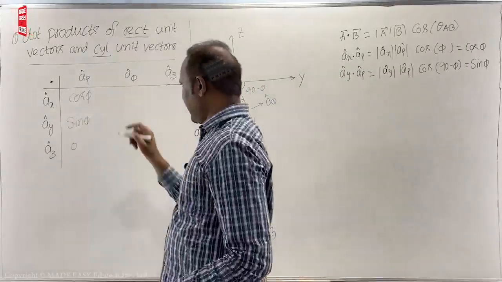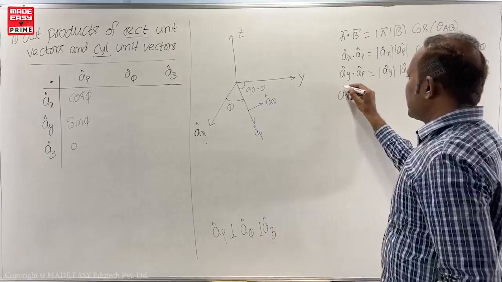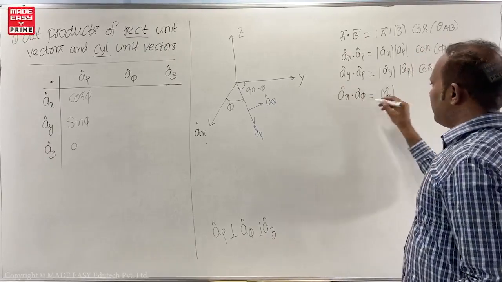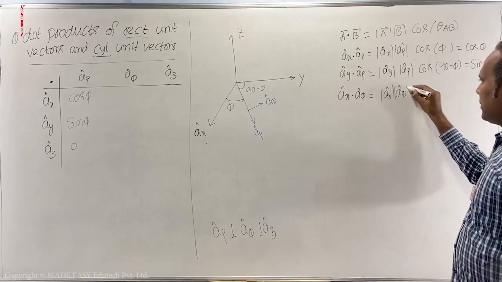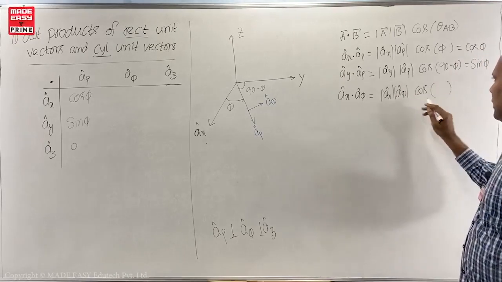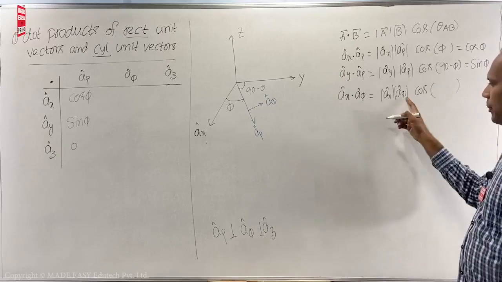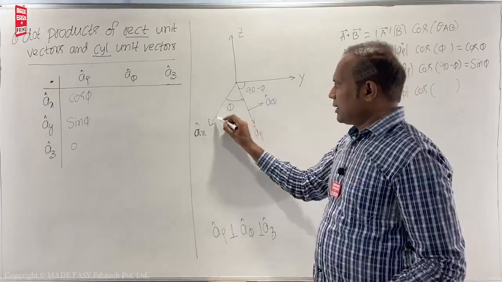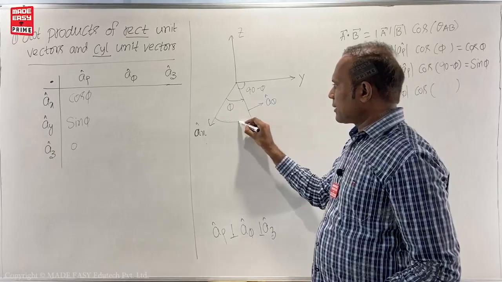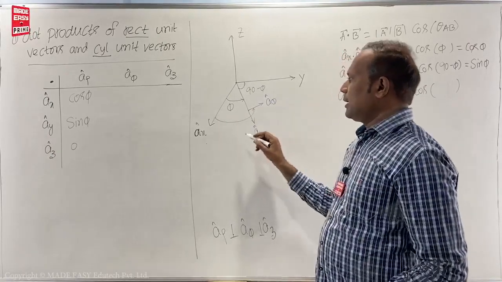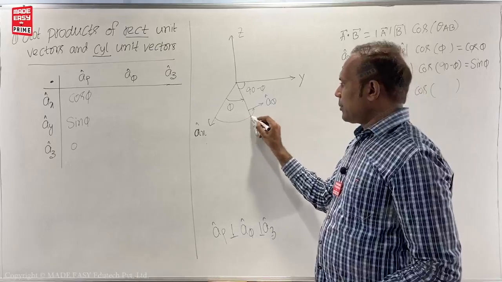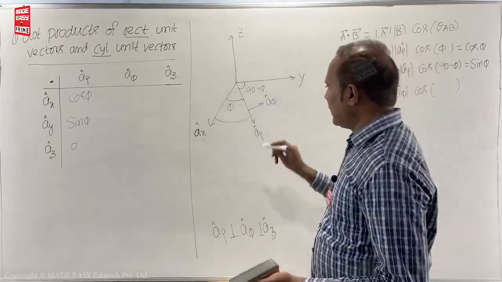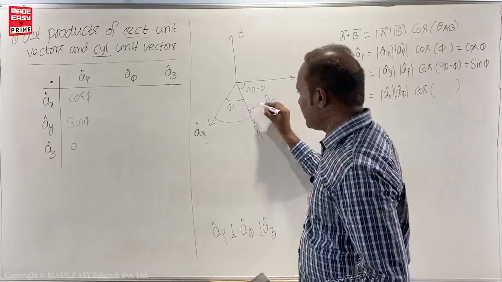Now ax dot a phi is equal to modulus of ax, modulus of a phi, cos of the angle between the x-axis and the phi axis. This is the x-axis, this is the phi axis. From here to here is phi, and this one is 90 degrees.